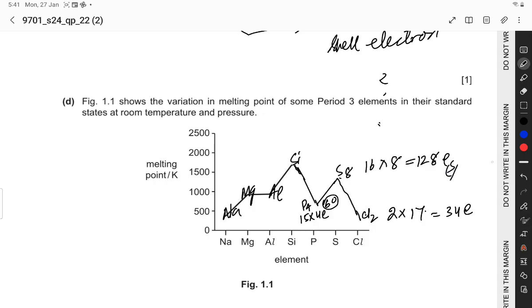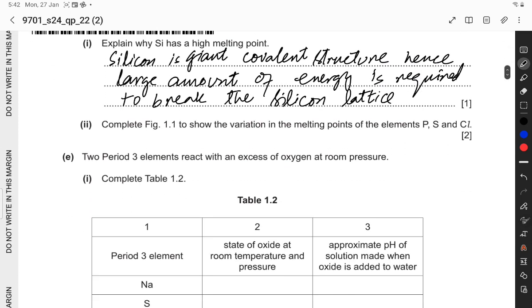So sulfur has more electrons, so that's why its melting point is higher than phosphorus, and chlorine is lower because chlorine has only 34 electrons. Complete figure 1.1 to show the variation in the melting points of phosphorus, sulfur and chlorine.